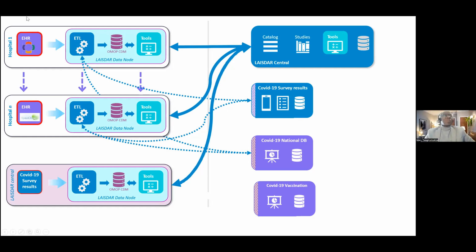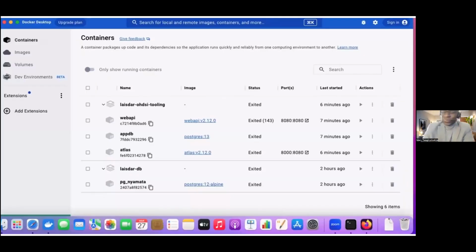The hospital one on top is already linked to the COVID survey, to the national COVID dataset, and to vaccination. This is really the key, so you can derive the analysis from there. I will come back to that, but let's first see what happens when we deploy the Odyssey instance at the hospital.